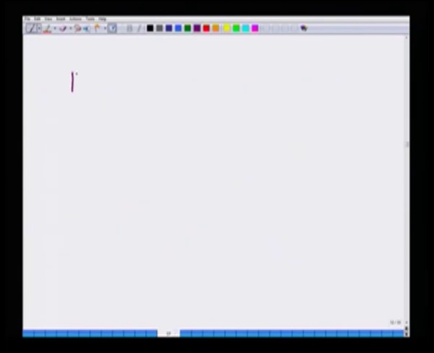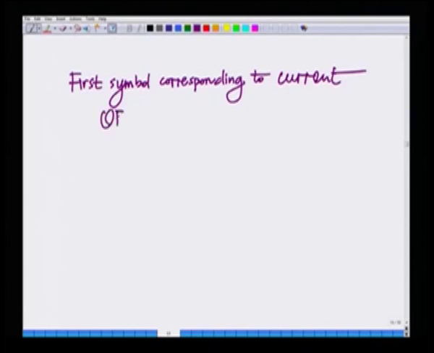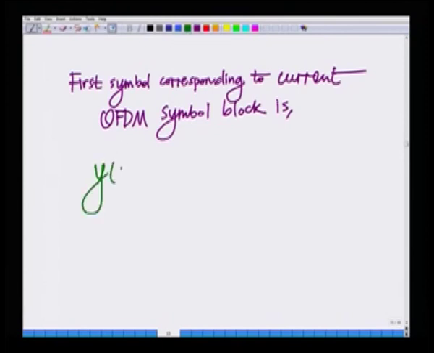So, the first symbol corresponding to the current OFDM symbol block is y0 equals h0 x0, that is h0 times the first sample.